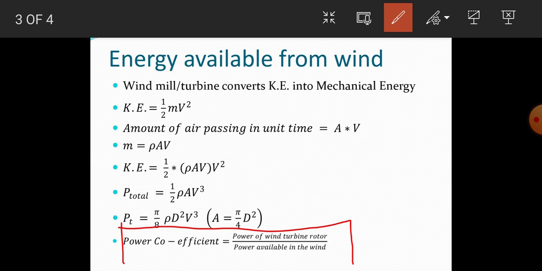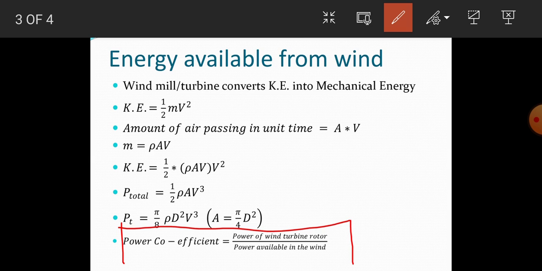For the best practical rotors, the power coefficient is about 0.4 to 0.45, so rotors cannot use more than 40 to 45% of the available power. So we can get a maximum efficiency of near 40%. We cannot extract 100% of the wind power.